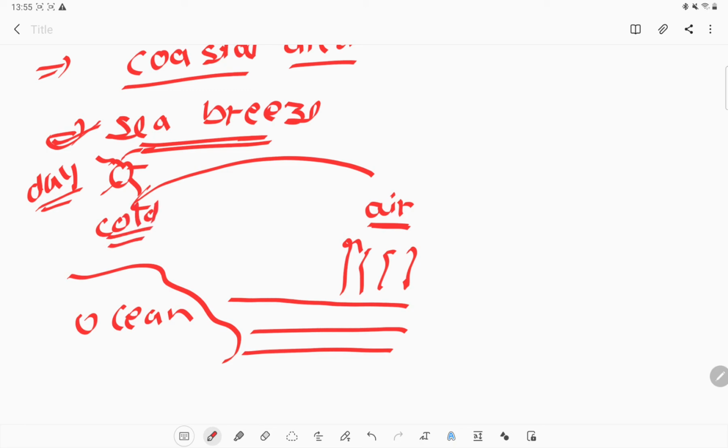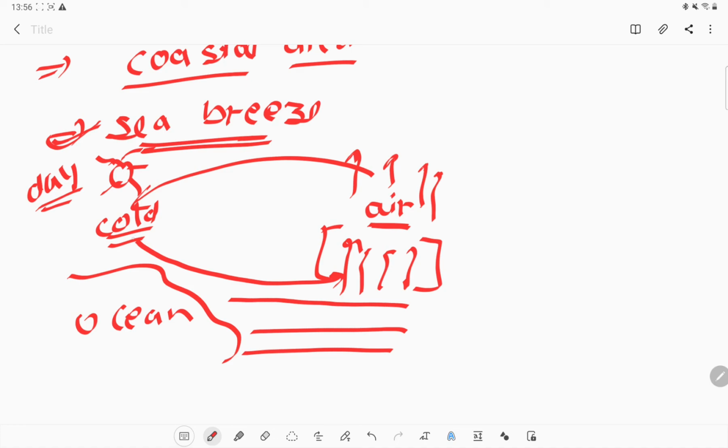That raised hot air will make room for the cold air, so it will move toward the cold one, because there will be a vacuum. All the air from here will get raised up. So to complete that cycle, the cold air has to take the place of the hot air.